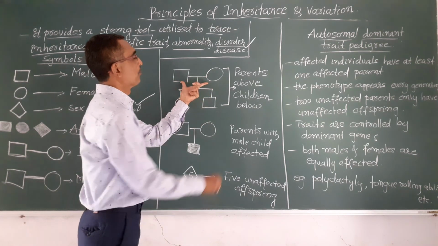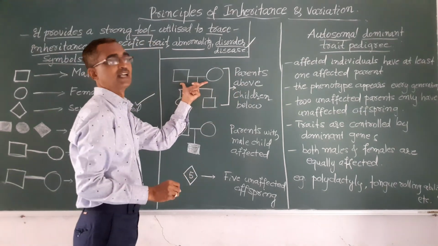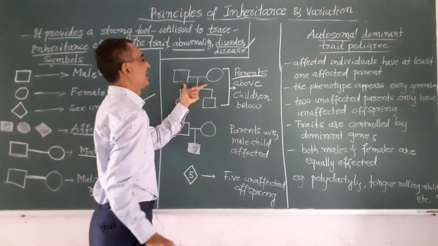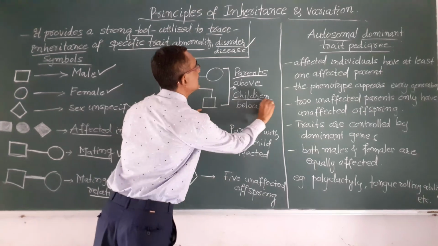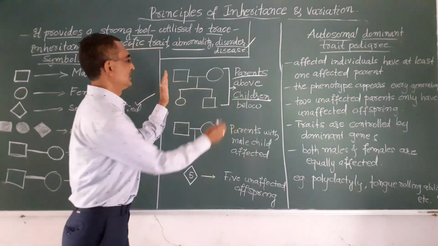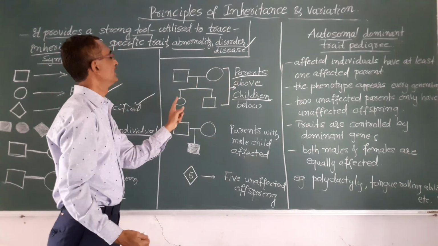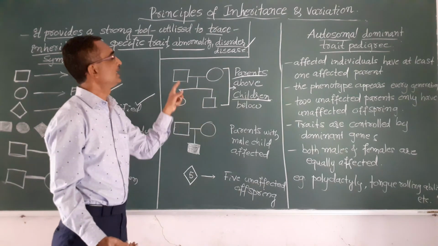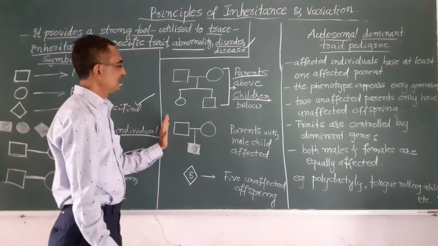The male and female above represent parents, and those below represent children. So this whole symbol represents parents above and children below.